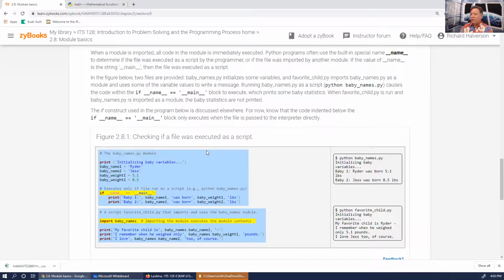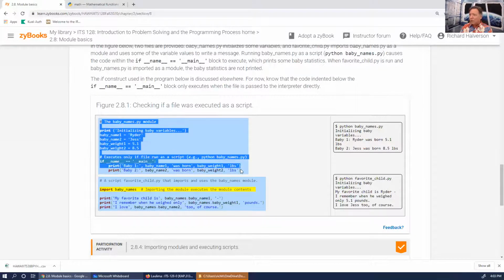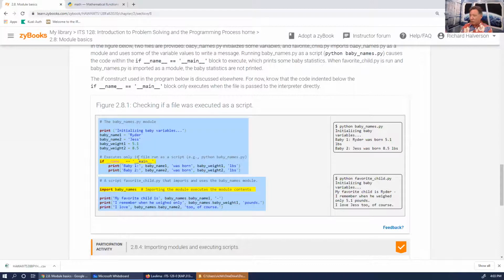What this is saying is if this module is being run all by itself in its own right, in other words, if you actually run it like this, then it's going to print out this stuff. Why? Because this evaluates to true. It's true that this special variable name is equal to this.